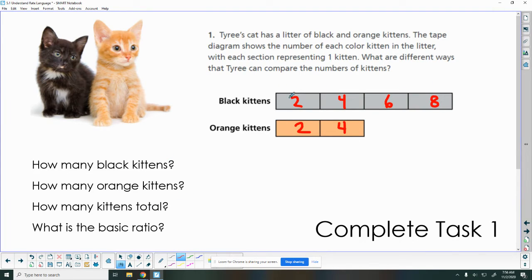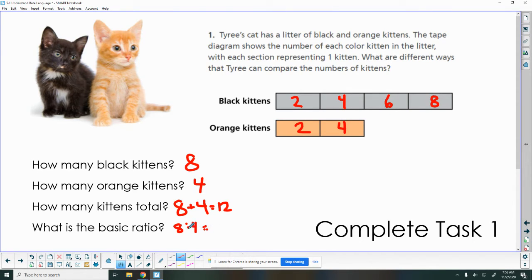So how many black? 2, 4, 6, 8. How many orange? 2, 4. How many total? Well, I had 8 black ones and 4 orange ones makes 12. So then I have that ratio of 8 to 4. So I need a number that goes into both of those.